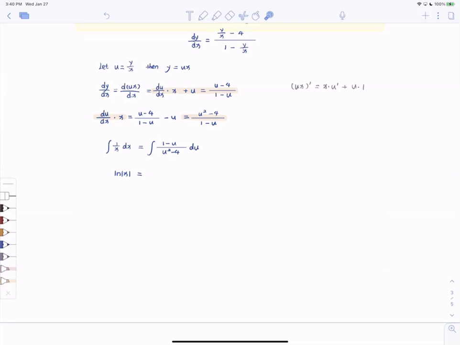And then I'm asking, what is the integral of this? Anyone know how to do this? Okay, I'll do it here.